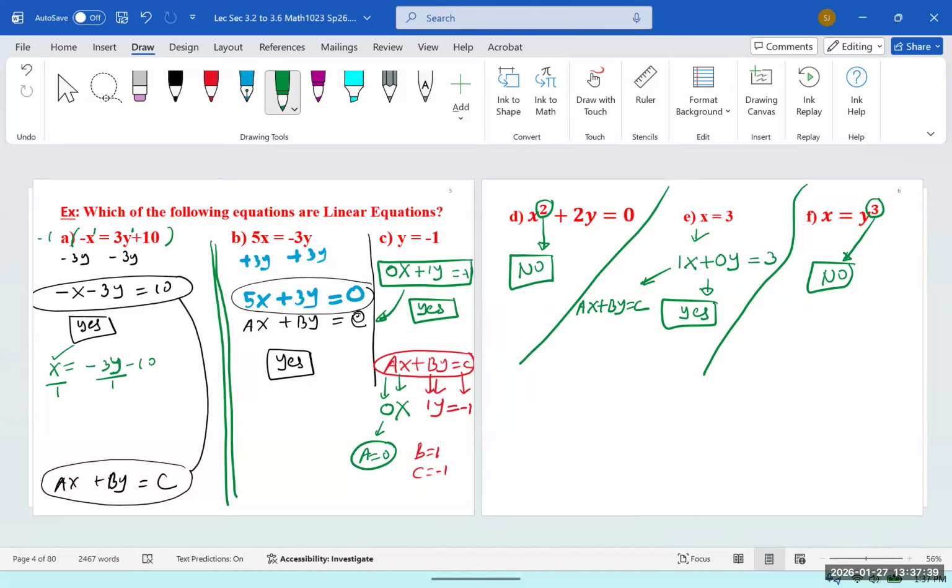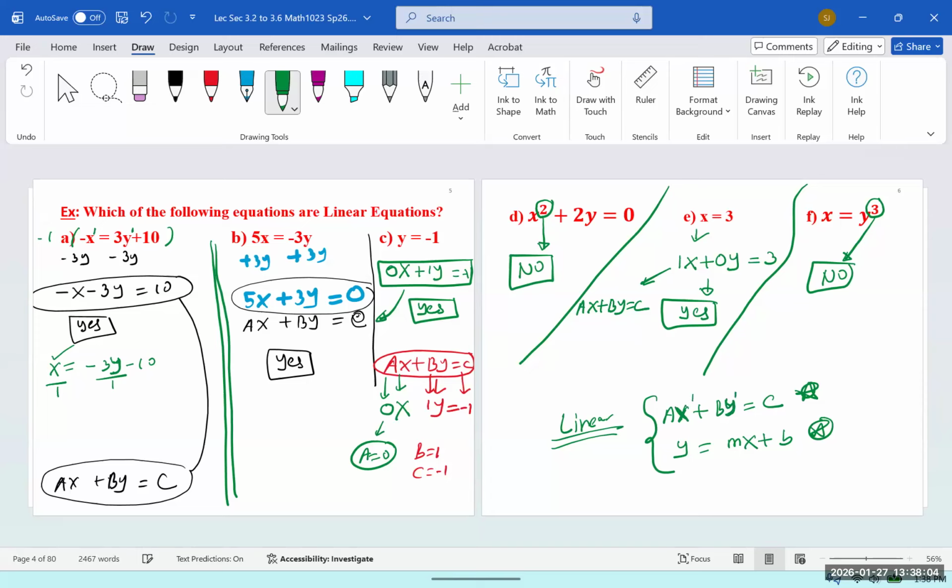So for linear, any line has the ax plus by equals c format, or the y equals mx plus b format. If we can write any equation in these two formats, it's automatically linear. So what do you observe? X has an invisible 1 power.